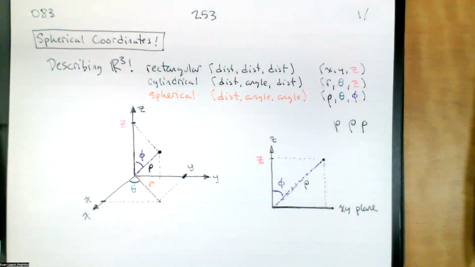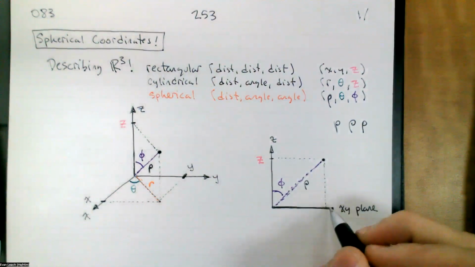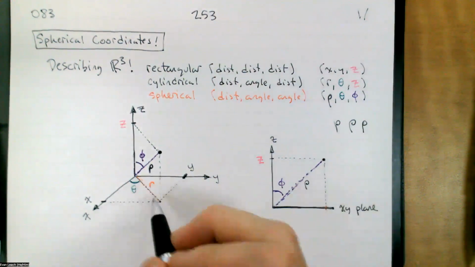So we can see z going up and down, but we're looking at the plane where we can see that angle phi laying flat. Because we're looking at the level of the xy plane, we can't see the angle theta. What we do want to notice is that down here on the bottom, this distance is the distance r.